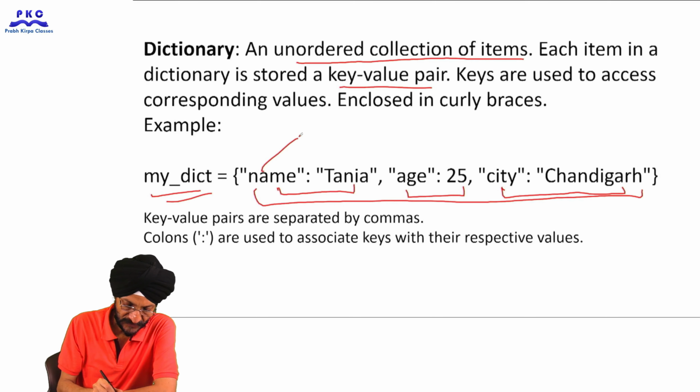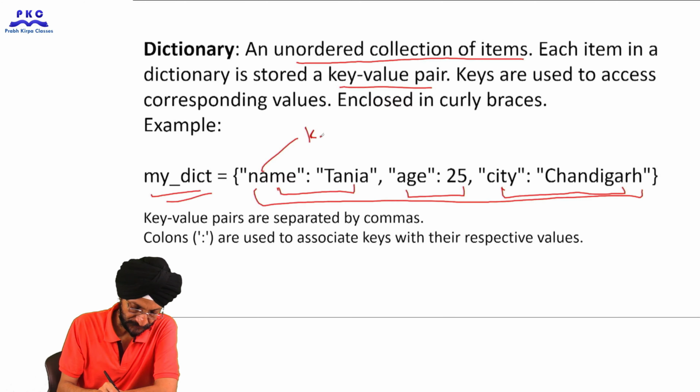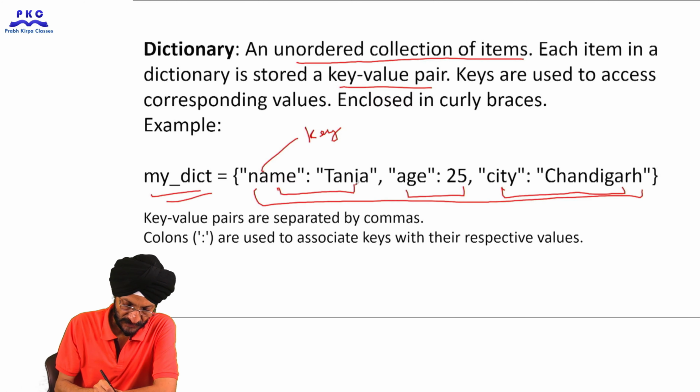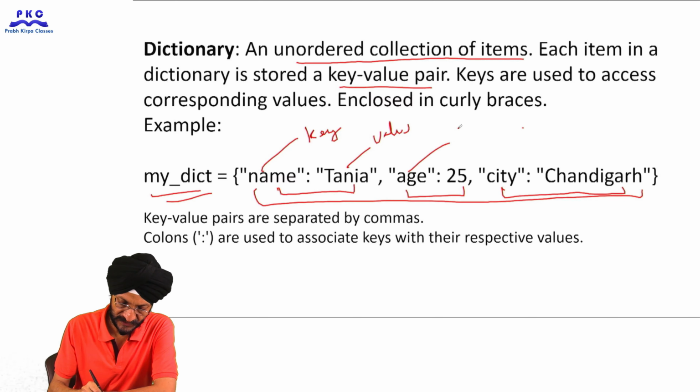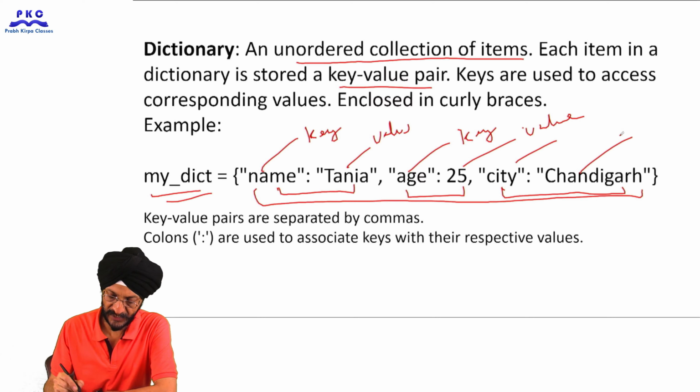Here name is the key and Tanya is the value. Here age is the key, 25 is the value. In the same way, city is the key and Chandigarh is the value.